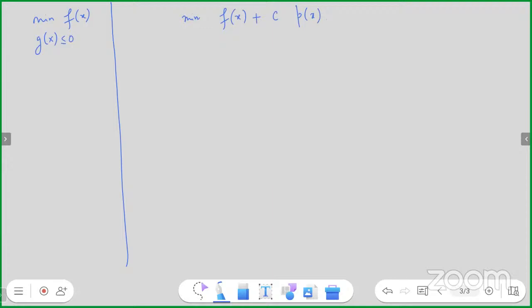And let's call this function u of x comma c. And now this is unconstrained. So this is what I want to solve.